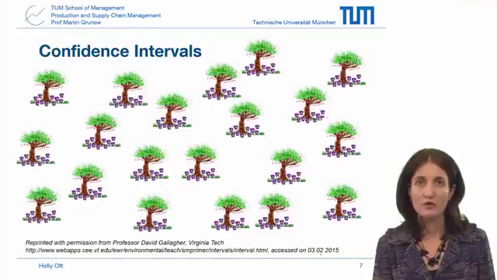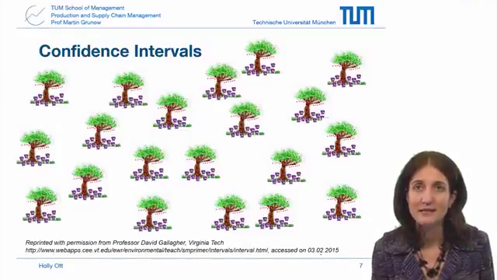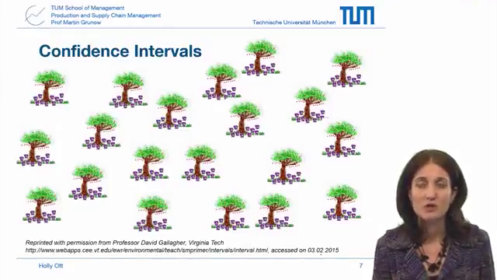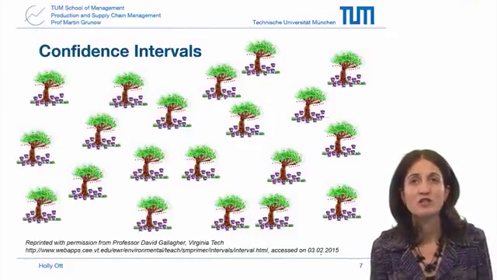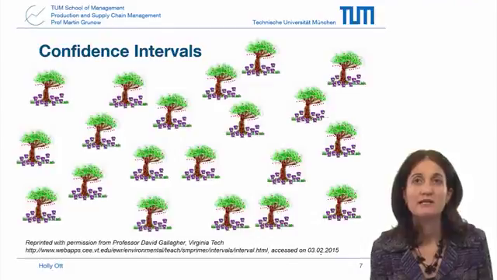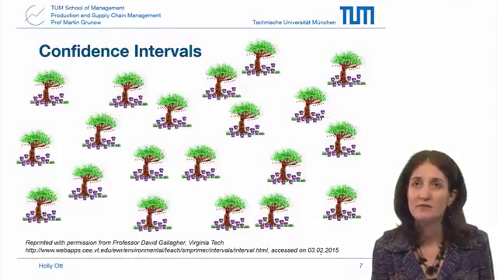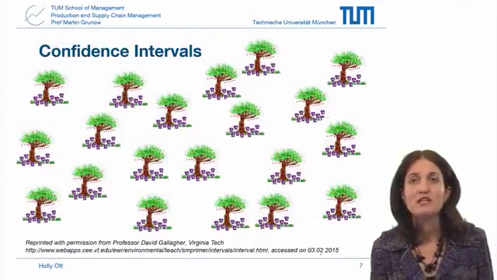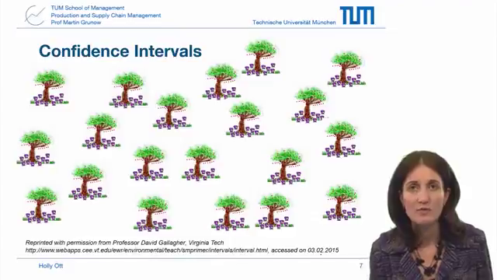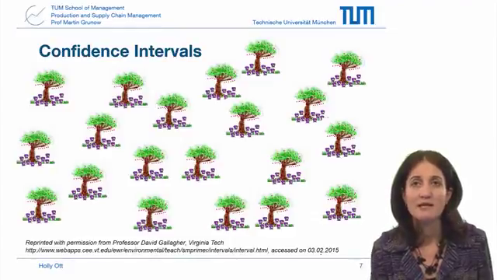So here's our orchard. What does this mean? We have 20 trees in our orchard. If we take a sample from a particular tree, meaning taking the sample of n equals 10 buckets from that tree to determine the average number of apples per bucket from the population, we can construct a confidence interval for the population mean based on that sample from that tree.